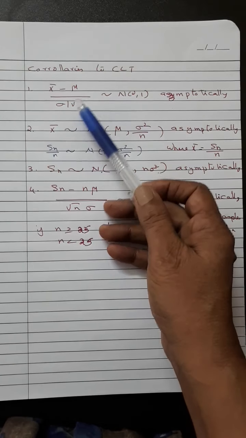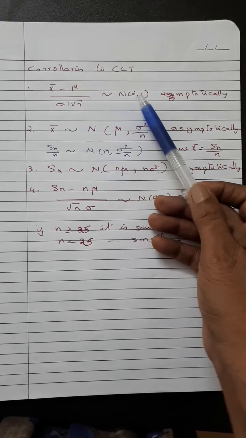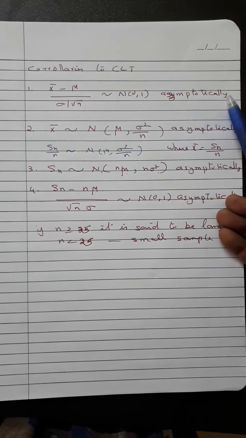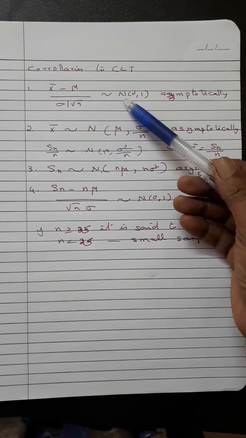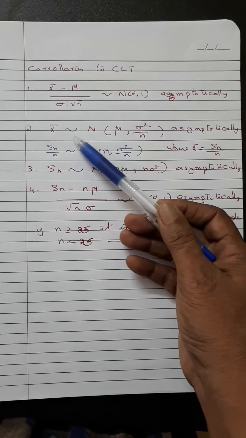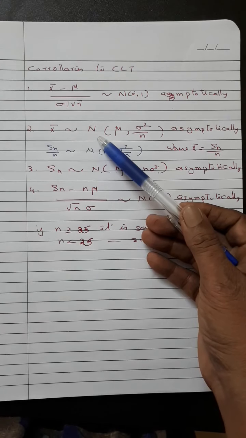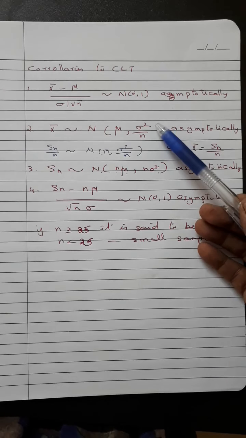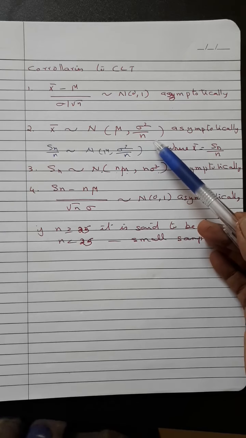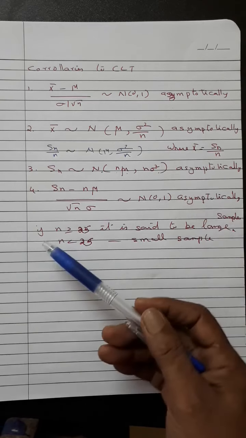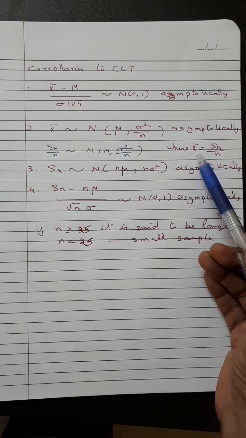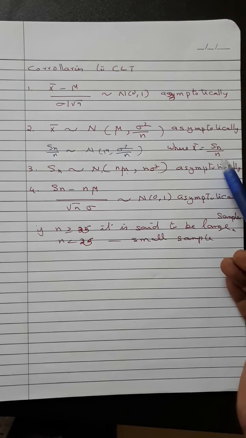Some corollaries to the central limit theorem. X bar minus mu divided by sigma by root n follows N(0,1) asymptotically. So from this result we can write that X bar follows a normal distribution with mean mu and variance sigma square by n. And we know that X bar is Sn by n.